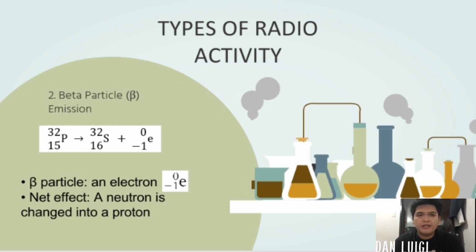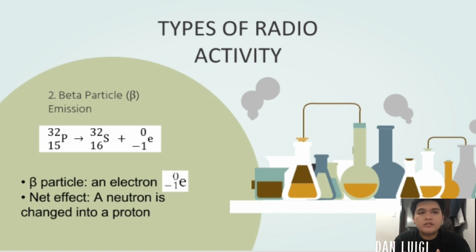Like for example, the atomic number of phosphorus is 15. Phosphorus-32, for example, is a beta emitter. Its nucleus has 15 protons and 17 neutrons. So it is not equal or stable because it has 15 protons and 17 neutrons.